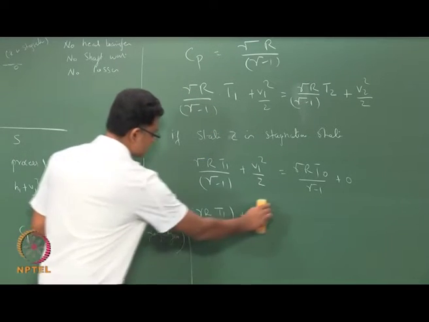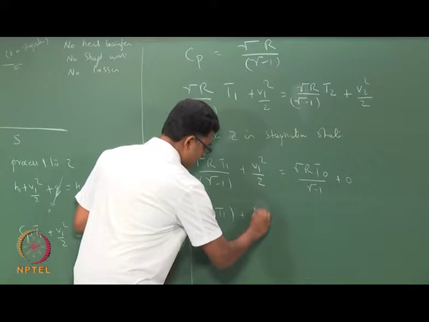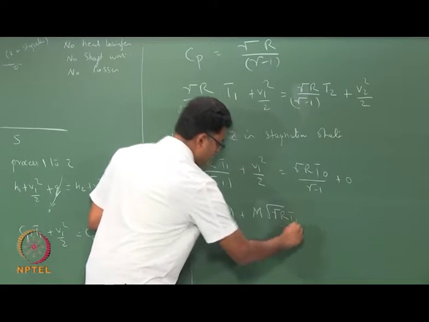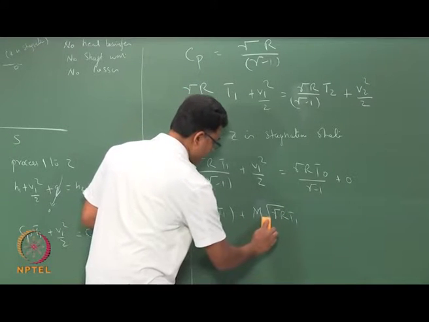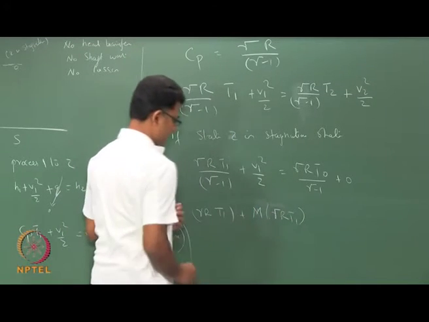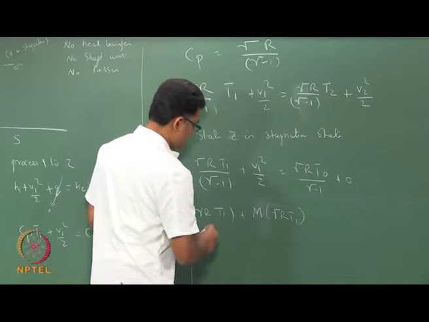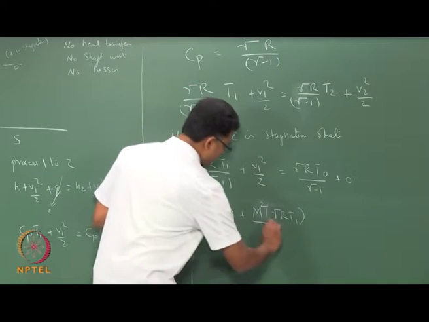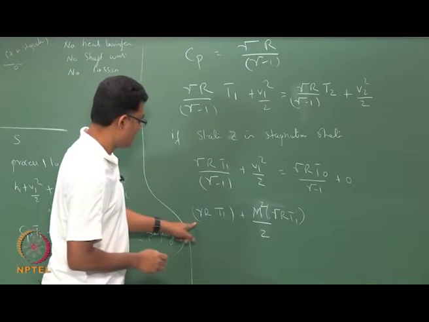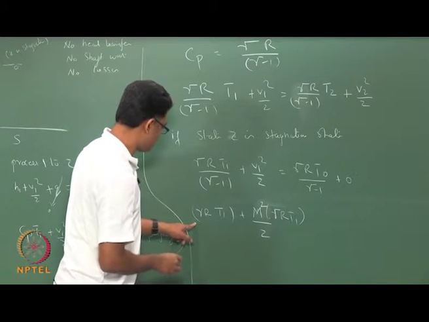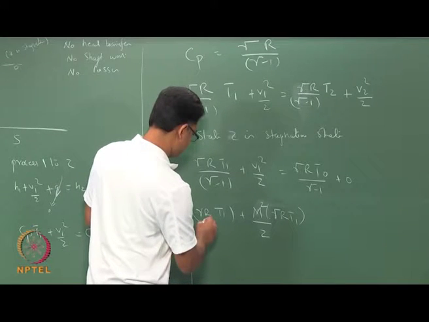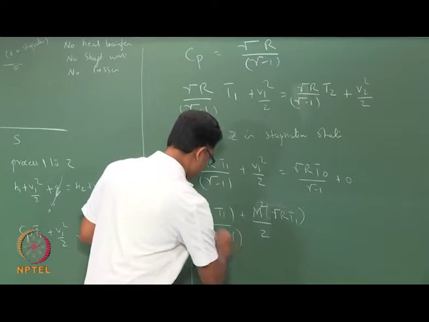V1 square is Mach number into root of gamma R T1, square of that. So, this would be V square is gamma R T1 M square divided by 2, and I multiply this with gamma minus 1.